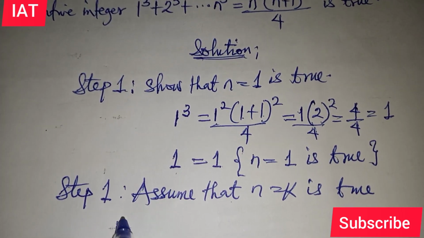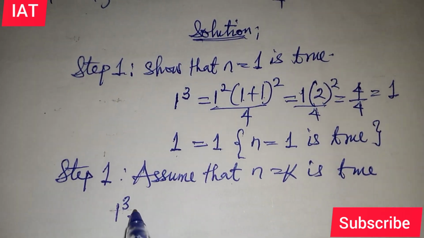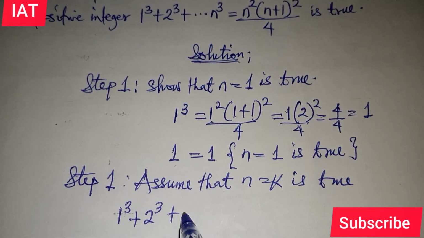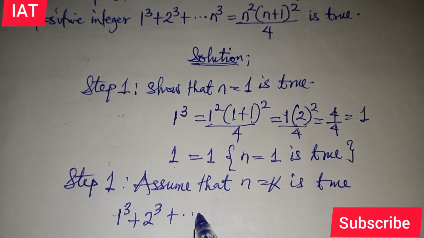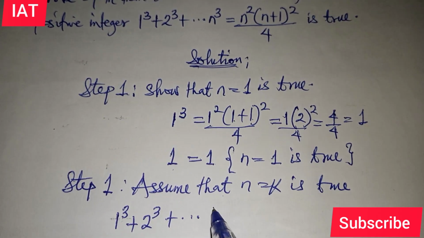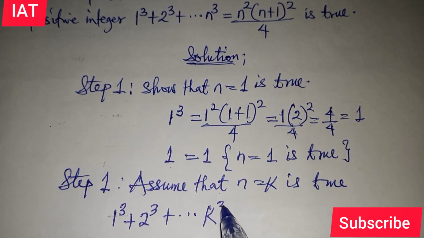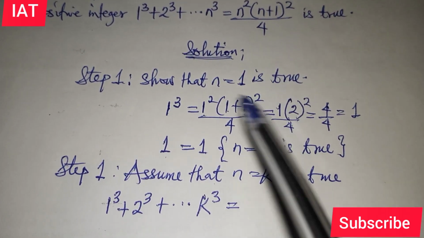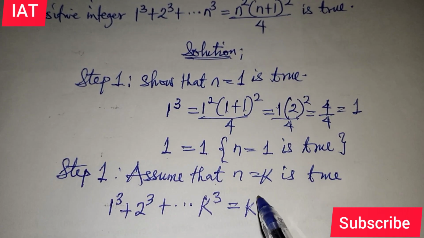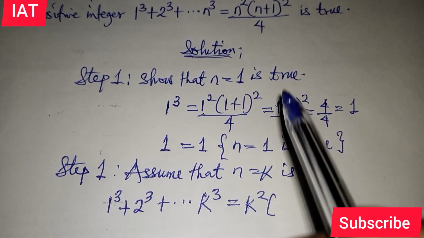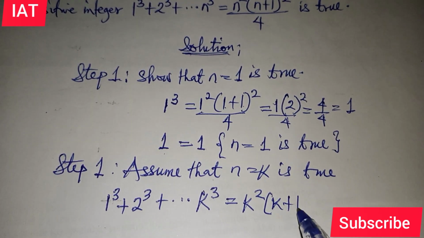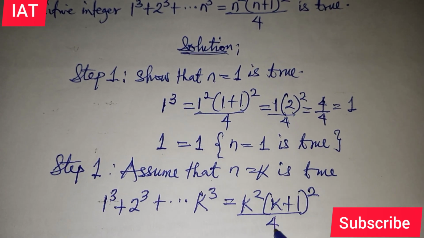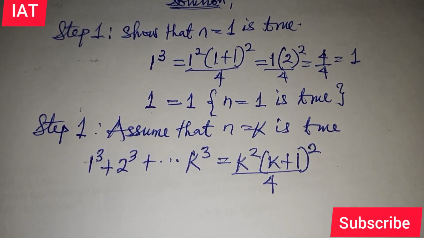So there we have 1 to the power of 3 plus 2 to the power of 3 plus up to the number, in place of that n, we plug in k to the power of 3, and this will be equal to, so we do the same to the right hand side, k to the power of 2 into k plus 1 all to the power of 2 divided by 4. Because we are making an assumption, we just leave it.